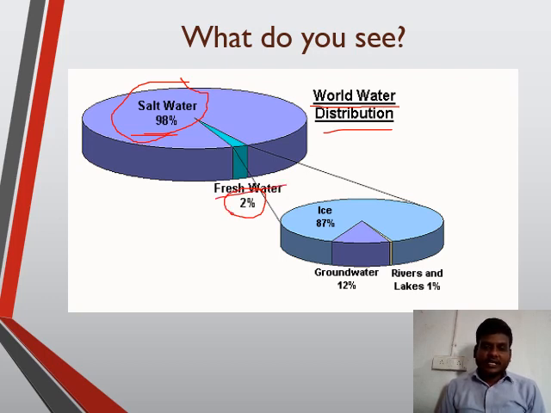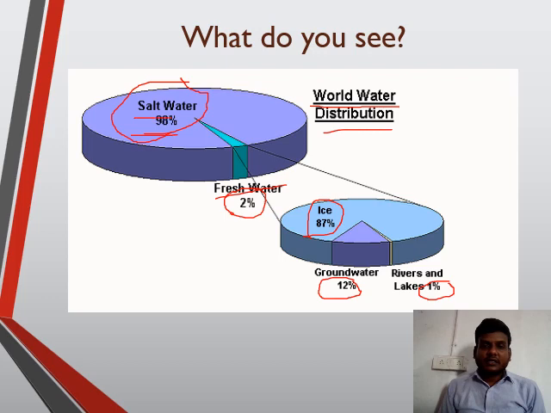Of that, 87% is in ice form, and we cannot use it directly. Only 12% is groundwater and 1% is in lakes and rivers. This is the distribution of water.